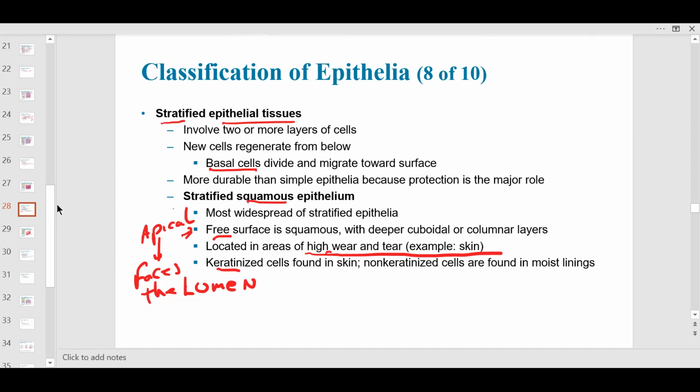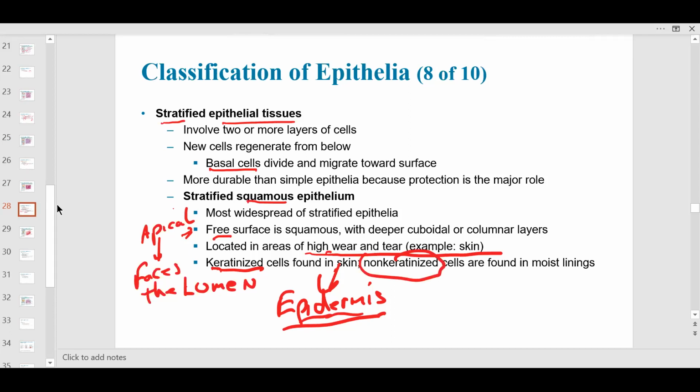But this is stratified we're talking about. So this has an area that protects against wear and tear, like the skin. I don't know if we really wear and tear our skin, but it's possible. And the skin is keratinized. That's a waxy protein that waterproofs and strengthens the skin. So the skin, which is only in that one layer called the epidermis. Epidermis. That's epithelial tissue, my friends.